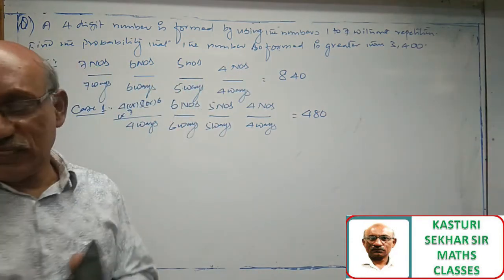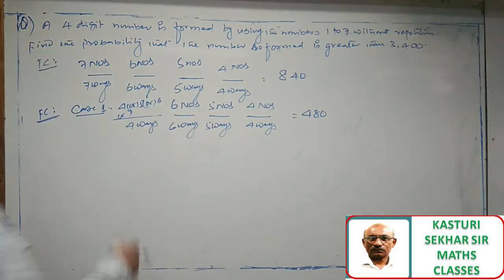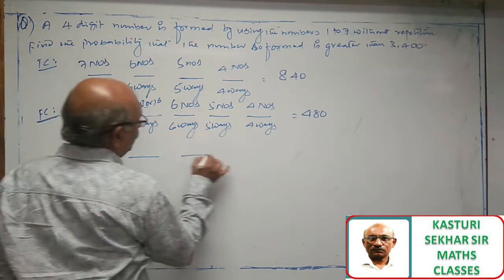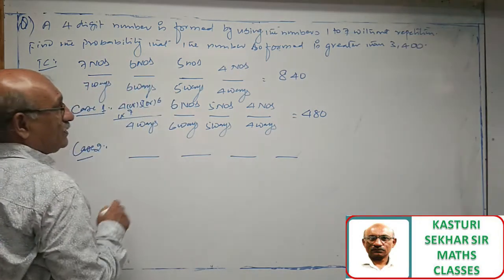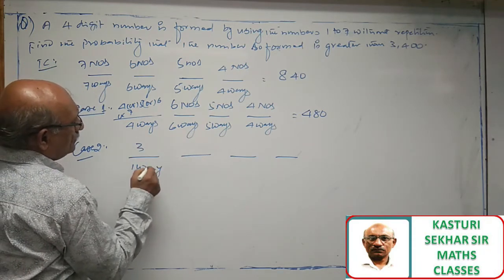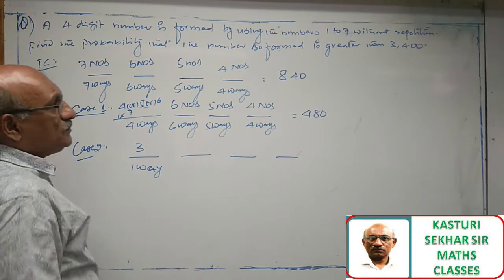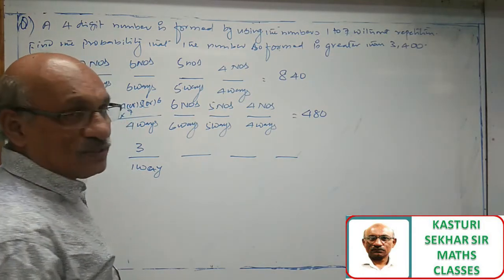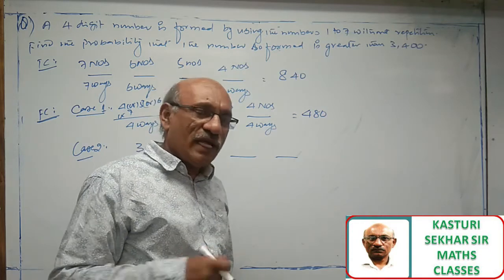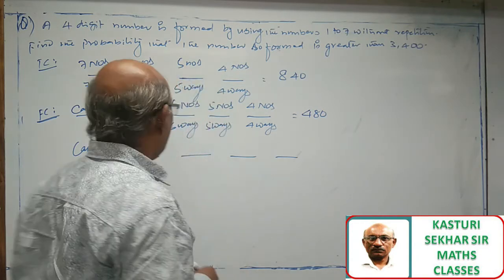Now we have to go for 3000 series. Case 2. 3000 series I am calculating separately. So 3 one way. Now hundreds place. I want 400 series or more than 400 series. Then only that number is greater than 3,400.